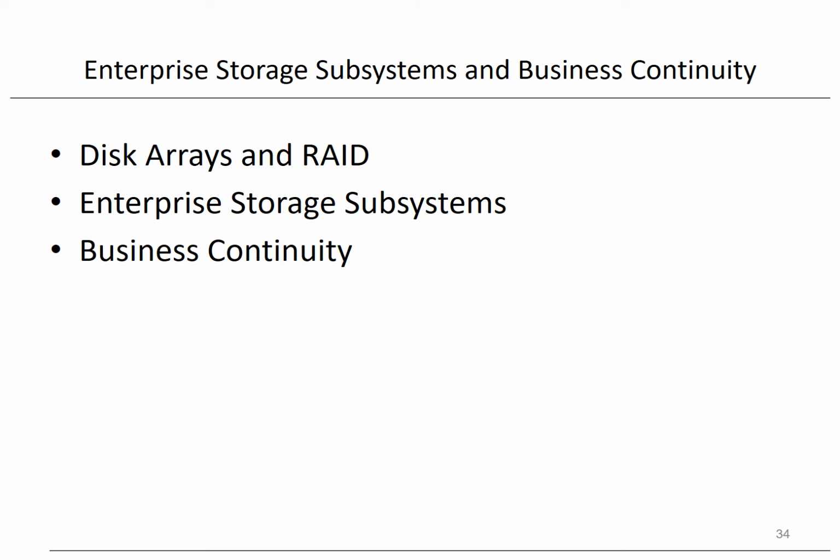First, we discuss disk arrays and RAID as a mechanism of combining multiple physical devices into a single, larger logical device. Then, we deal with network storage techniques such as SAN and NAS. We conclude the chapter with a discussion on how these techniques can be applied in the context of business continuity, which is a primary concern to most organizations.